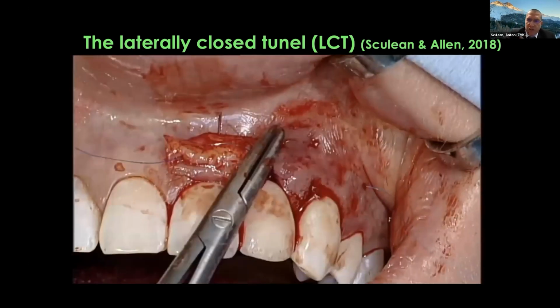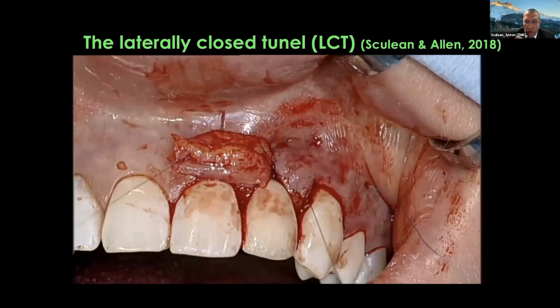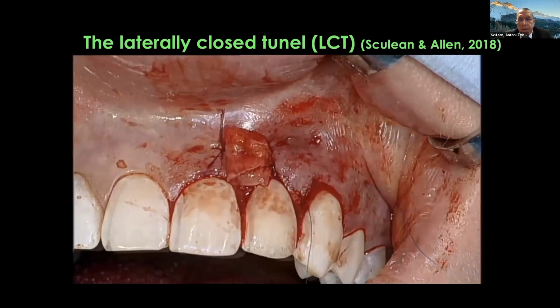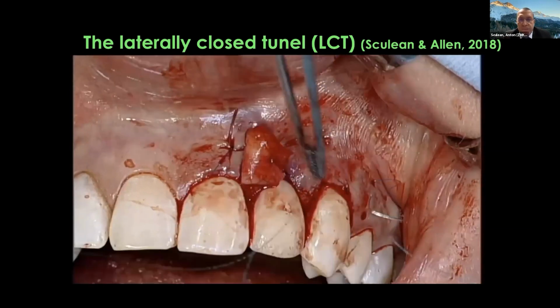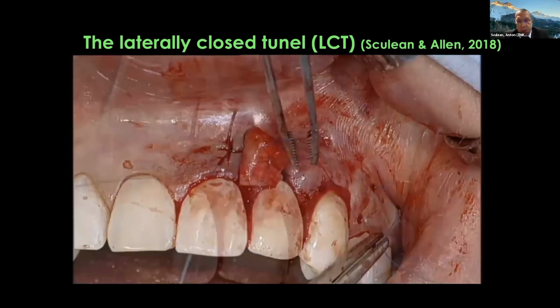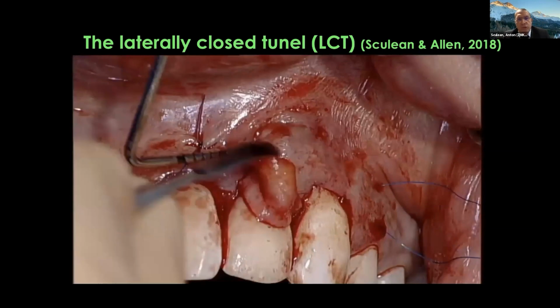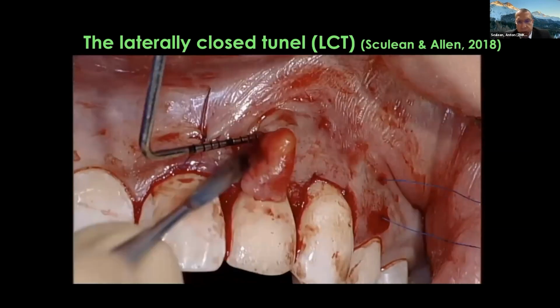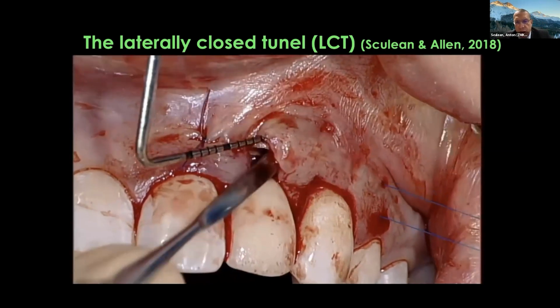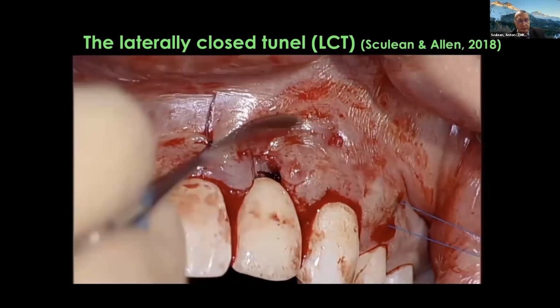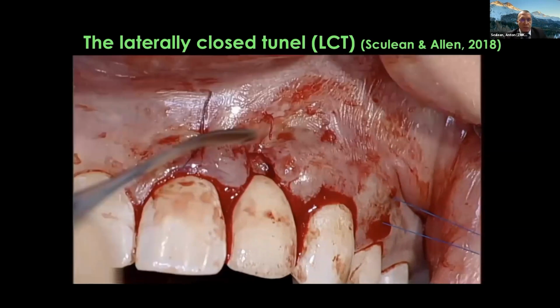Otherwise, we have a high chance that this graft is going to turn in the tunnel. We want the graft positioned as a membrane and not like a sausage. So that's very important. And our dental assistant pulls the graft in the very moment I want to have it inserted and stretched.